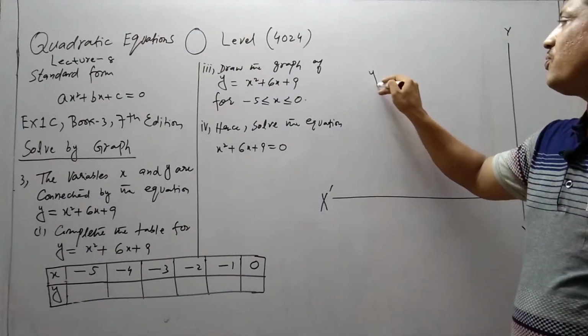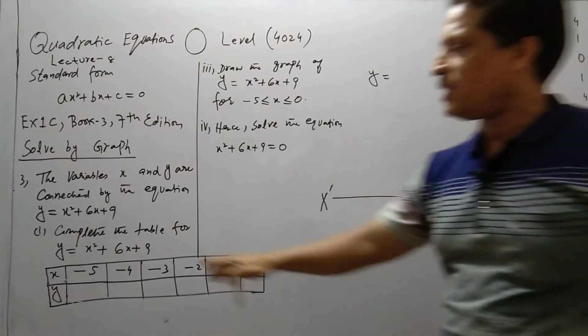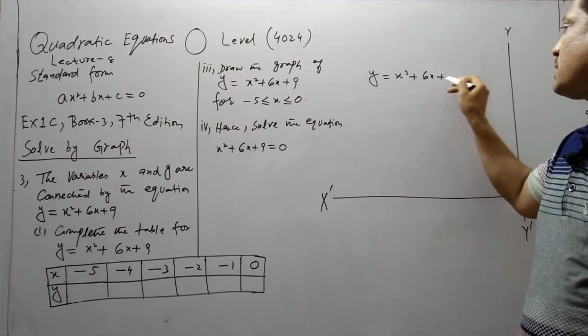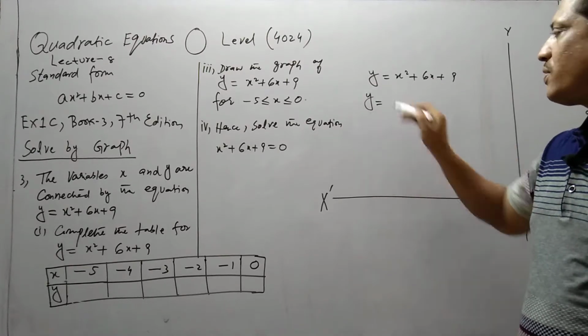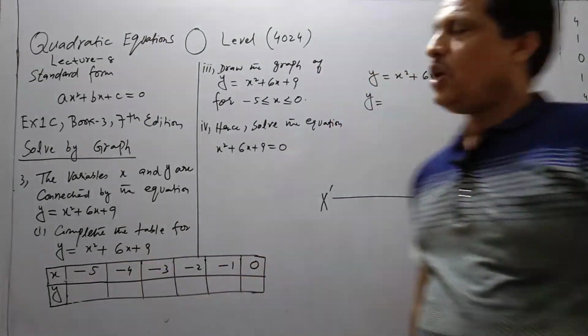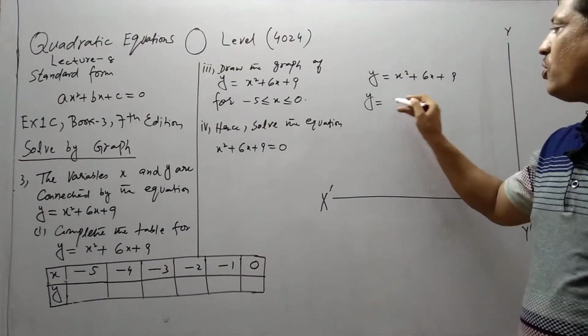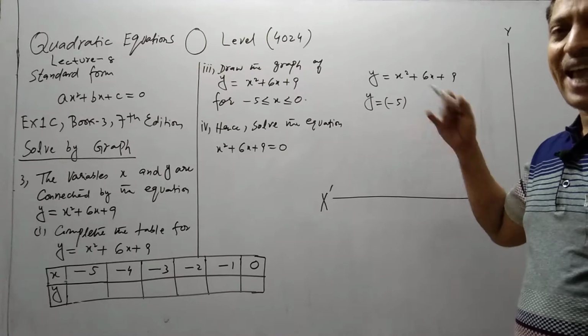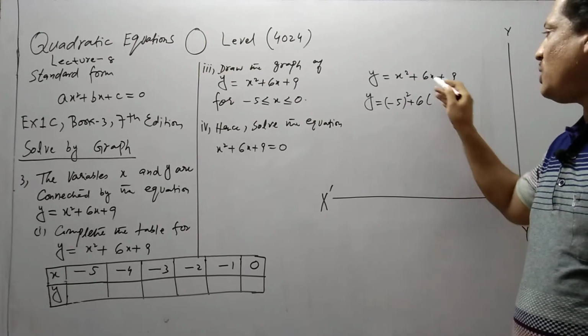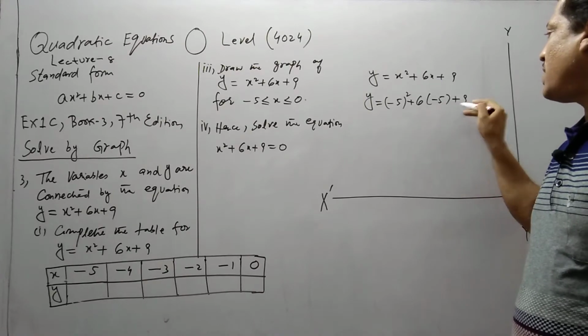Our equation is y = x² + 6x + 9. What is the first value of x given? Minus 5. So we put minus 5 where we see x. x² means (-5)², plus 6 into x means 6 times minus 5, plus 9.